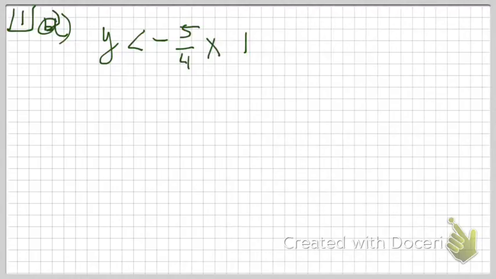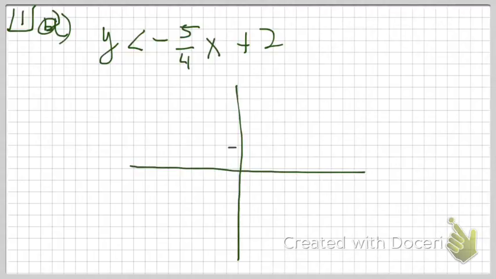Oh, that was 11b, I'm sorry. This is 11a. y is less than negative 5 over 4 x plus 2. So 1, 2. Come down 1, 2, 3, 4, 5, and over 1, 2, 1, 2, 3, 4.